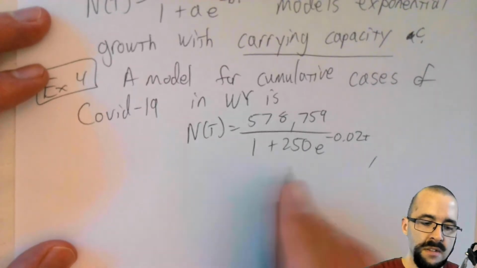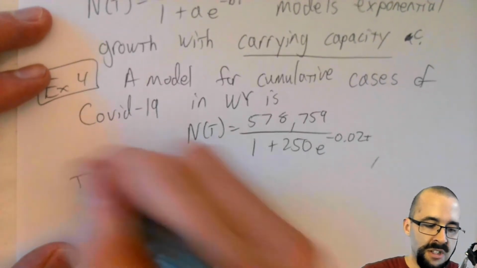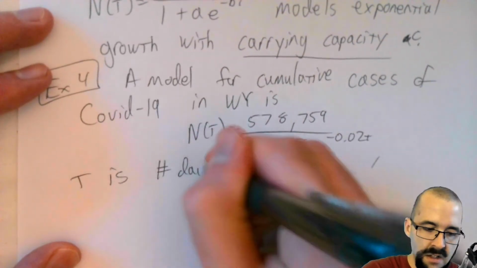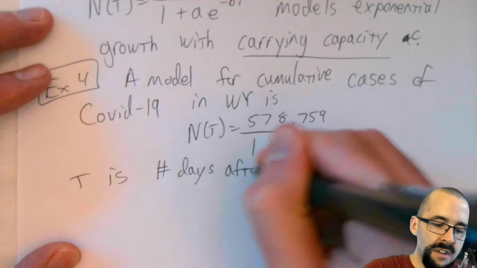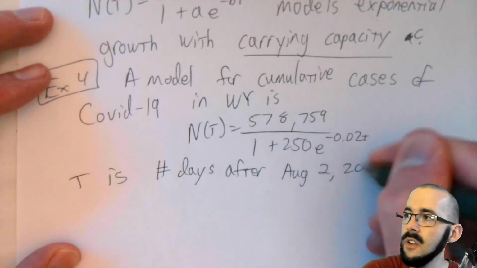Here's one model for the spread of COVID in Wyoming, where t is the number of days after August 2nd, 2020.